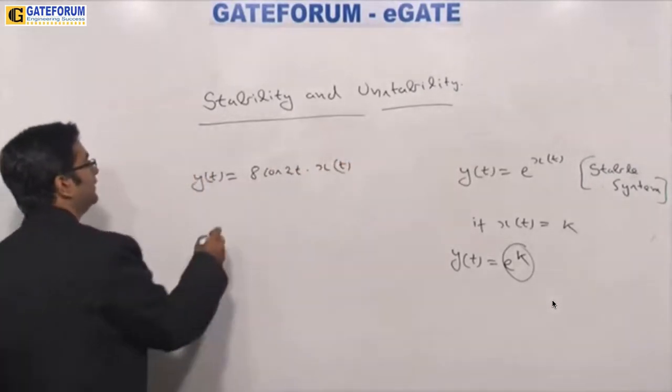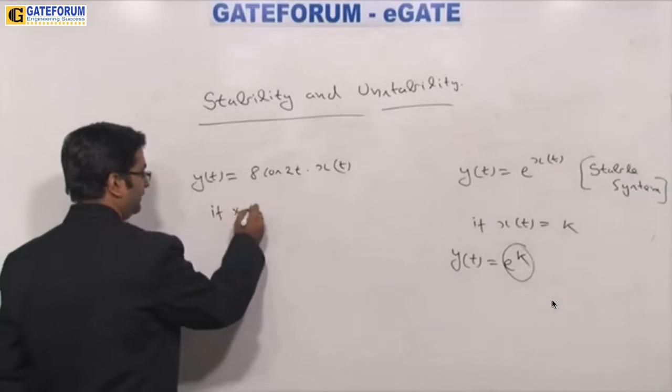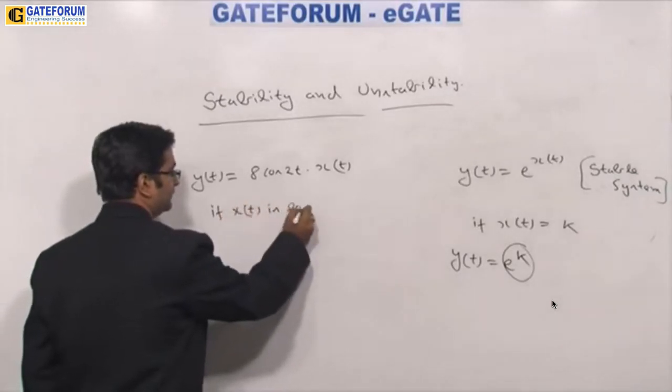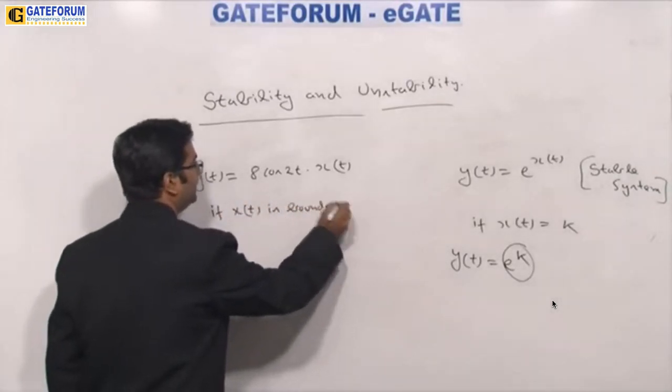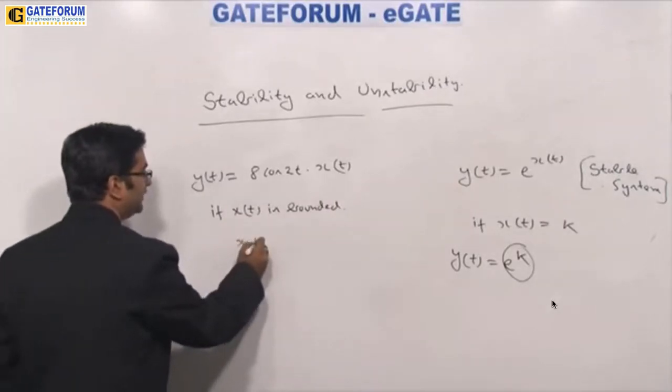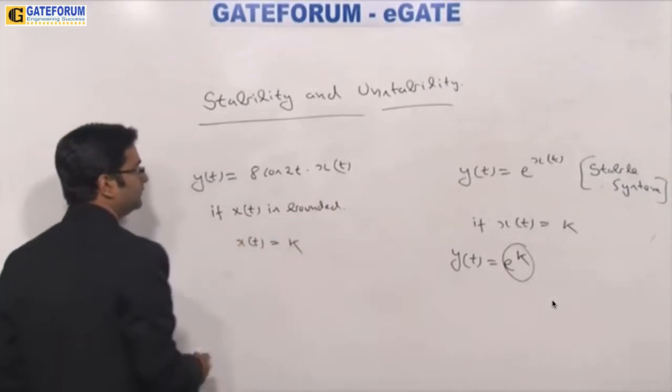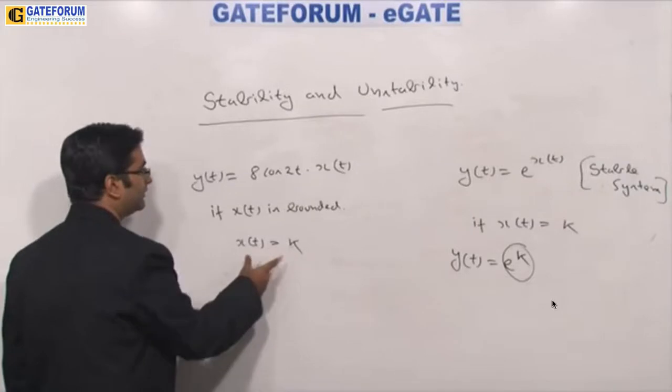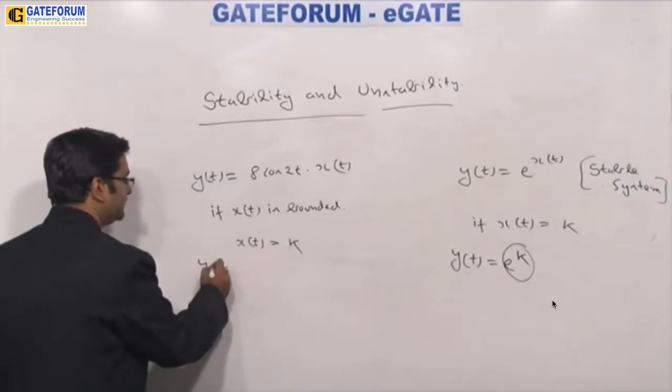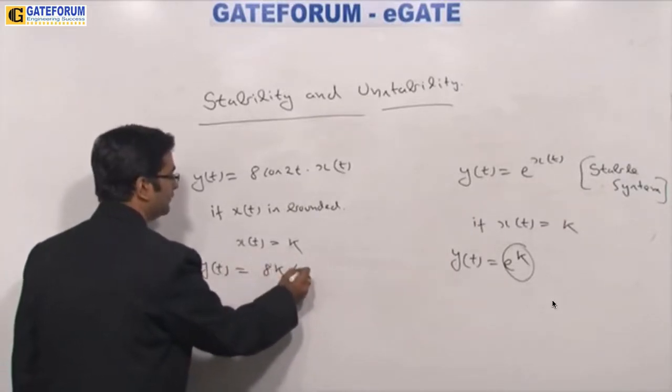Now see this. If x(t) is bounded, means I can put x(t) as some finite value k, bounded value k, where k is some constant. y(t) is nothing but 8k cos 2t.